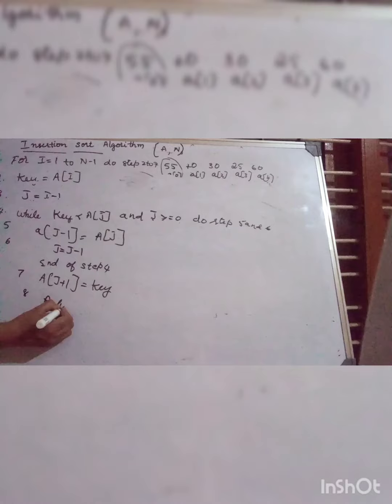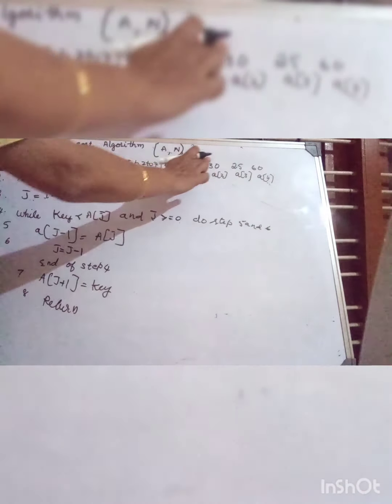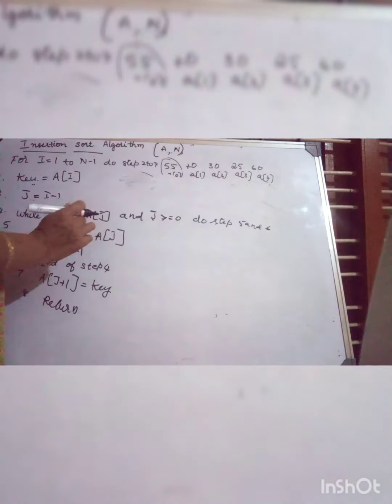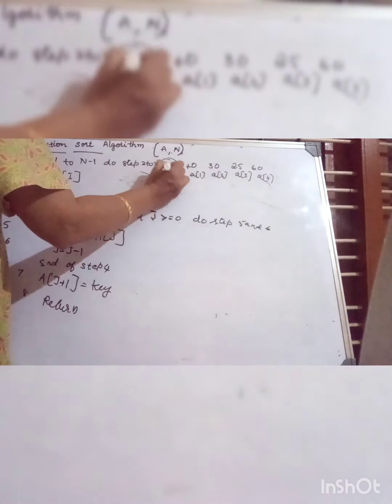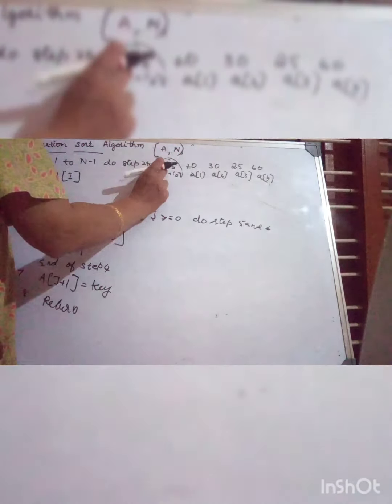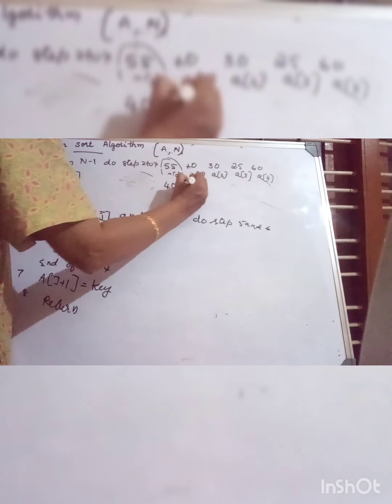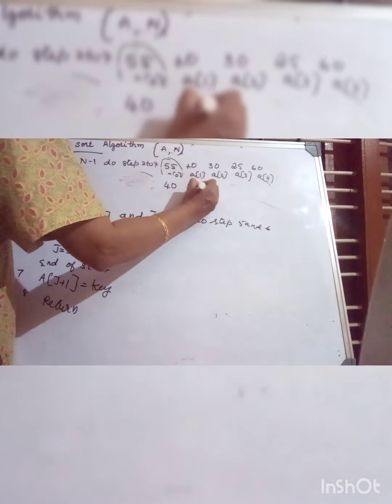Once again I will explain with numbers. Suppose I have 55, 40, 30, 25, 60. First, 55 and 40 are compared. Since 40 is less than 55, in the first step 40 is exchanged, and 55 moves to this side, followed by 30, 25, 60.